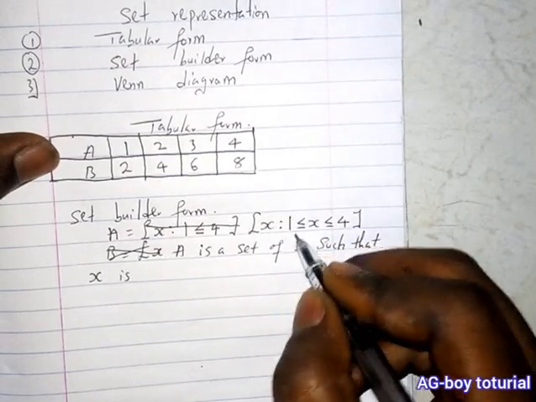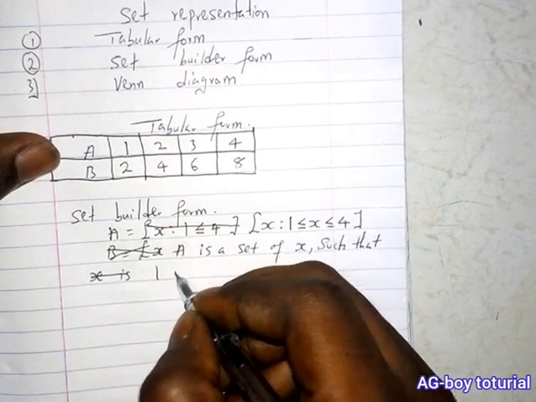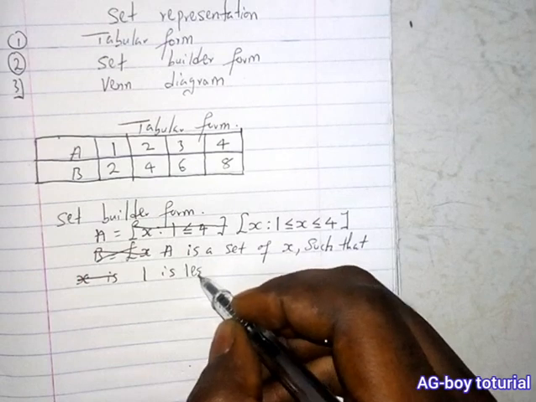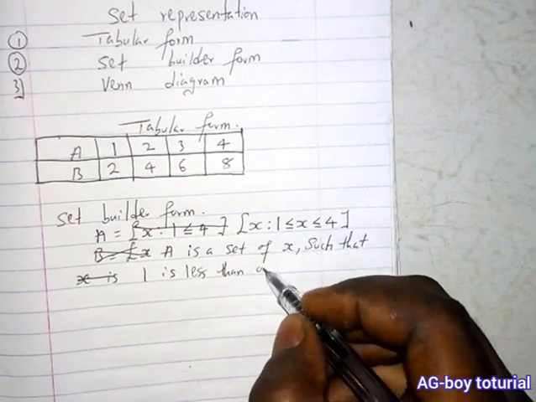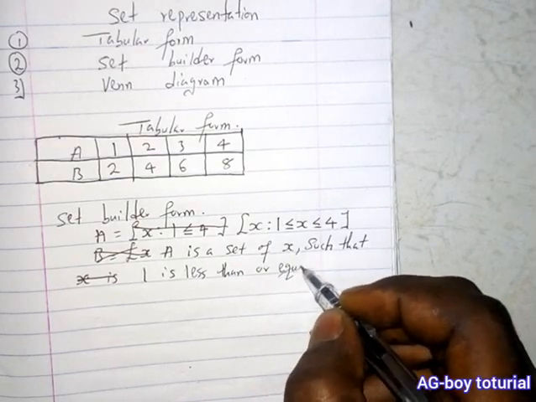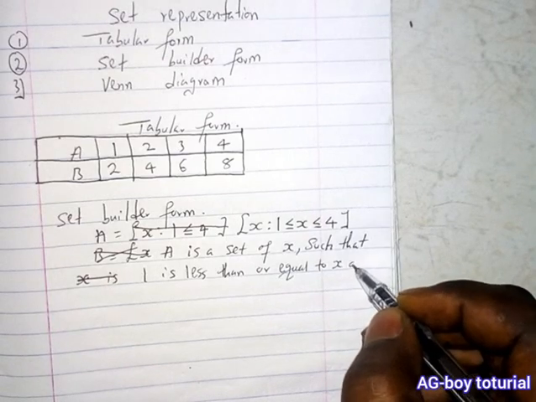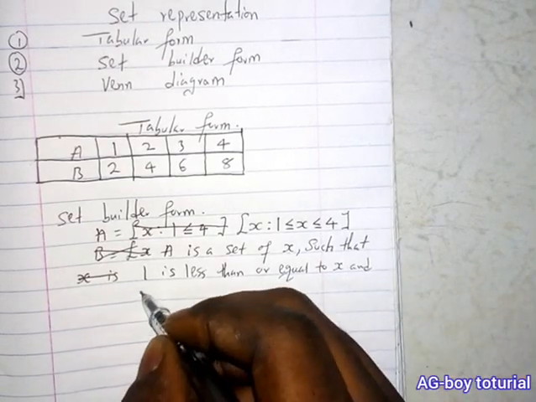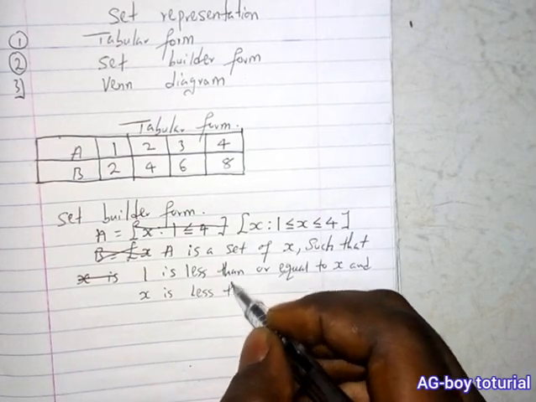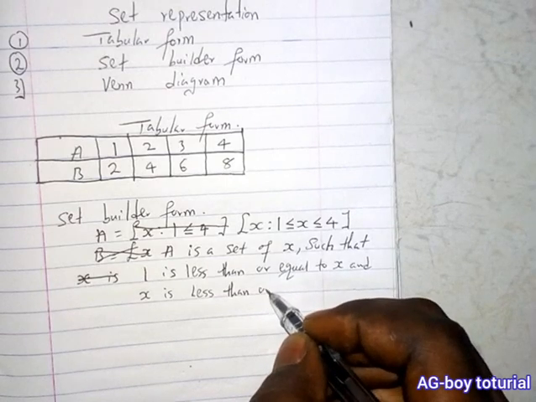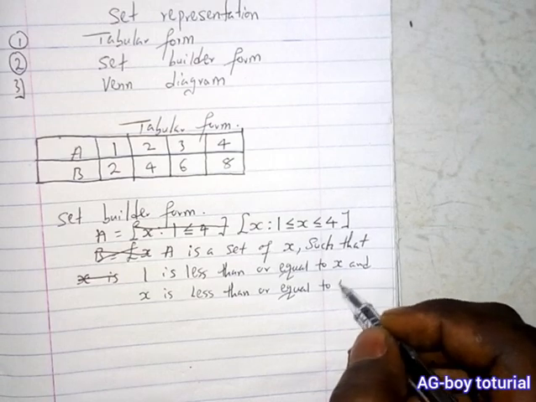One, so that one is less than or equal to x, and x is less than or equal to 4.